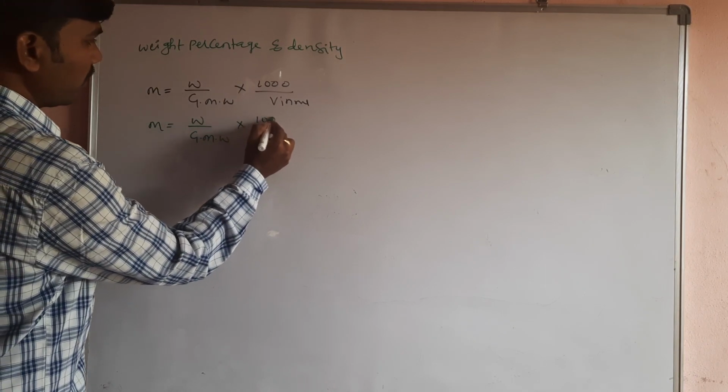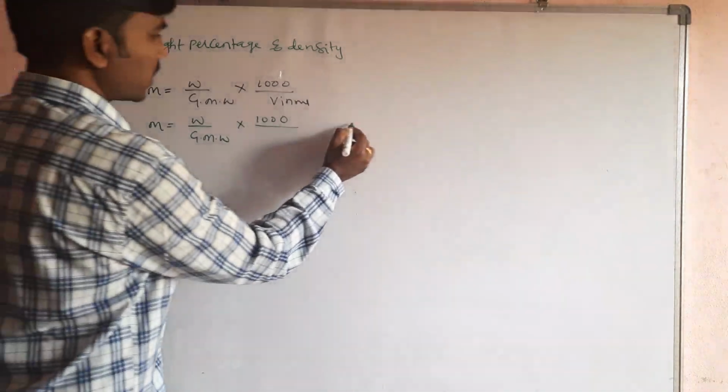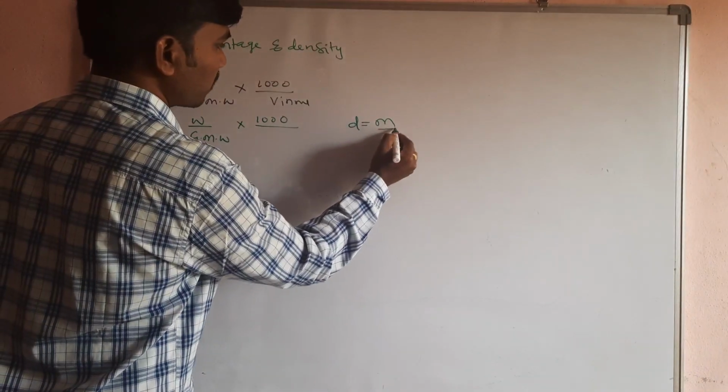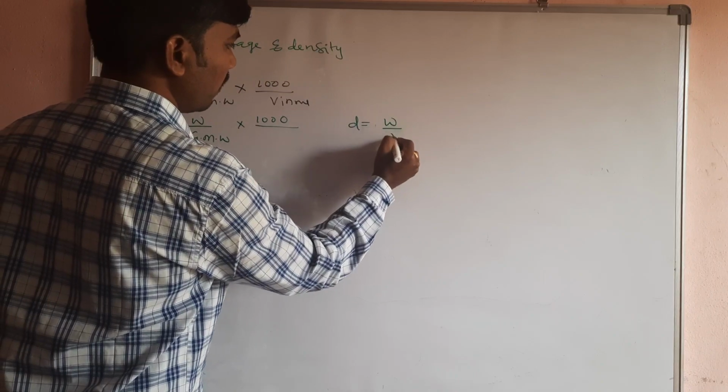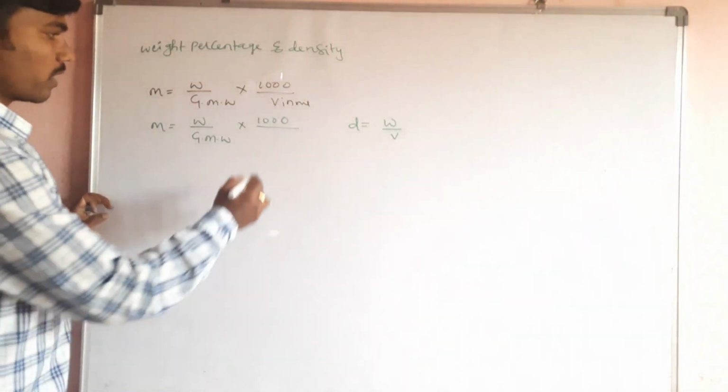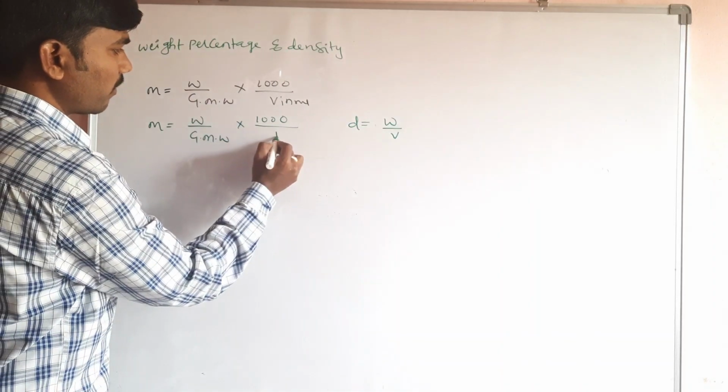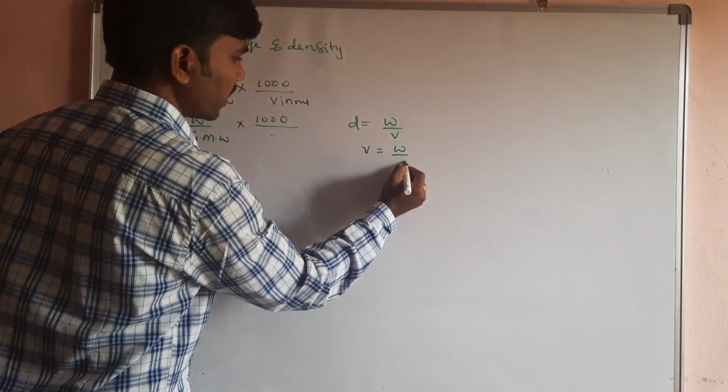Density is equal to mass by volume, or we can take weight by volume also. So volume is equal to weight by density, and instead of volume I am taking weight by density.